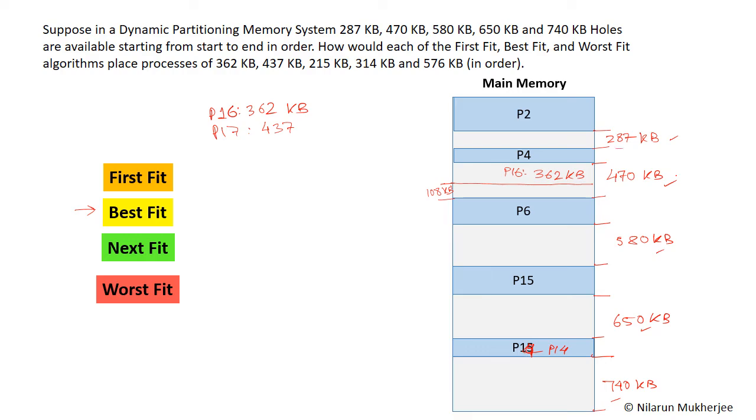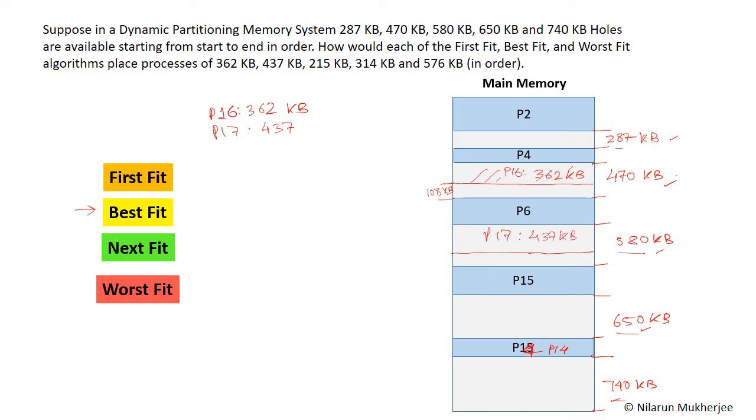Then P17 comes, 437. It will search. I have holes of 108 and 287, those are not large enough. 580, 650 and 740, starting from the beginning to the end. Then it will find 3 holes and it will have to compare which is the smallest. Now the smallest but adequate hole is this one.